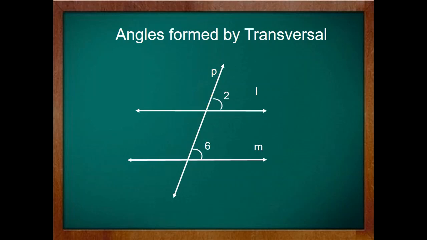The second pair of corresponding angles are angle 2 and angle 6. Again, if you look carefully, both these lie on the same side of the transversal, and one of the angles is exterior and the other one is the interior angle. The third pair of corresponding angles is angle 4 and angle 8. Again, if you look carefully, they form the shape of the letter F. The last pair of corresponding angles is angle 3 and angle 7.